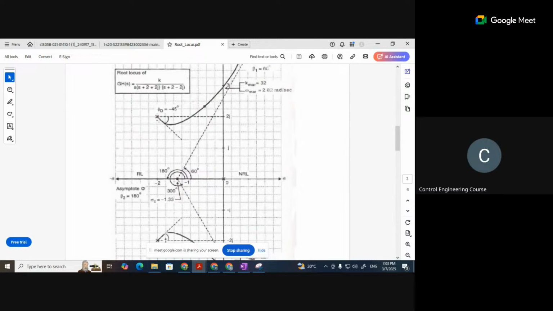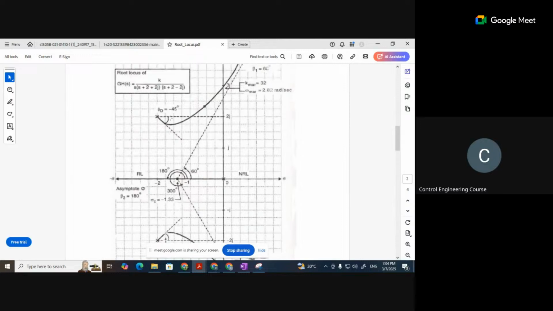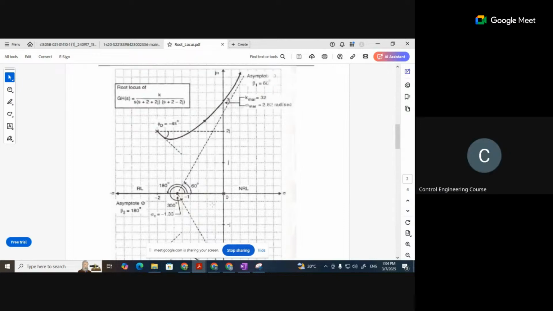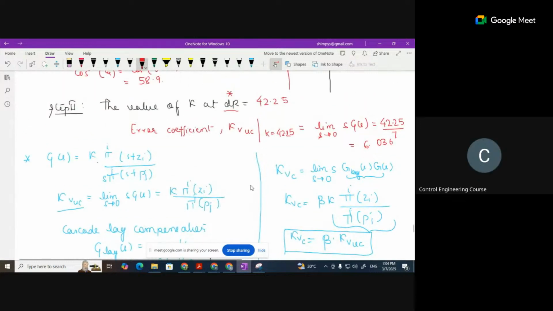This complex pole, sorry, imaginary, minus 2 plus 2j, and then minus 2 minus 2j. So how do you draw the angle here? It won't be from the origin, right? This is the angle of departure. Okay. Clear? Yes, ma'am.